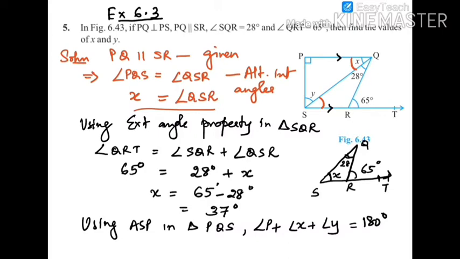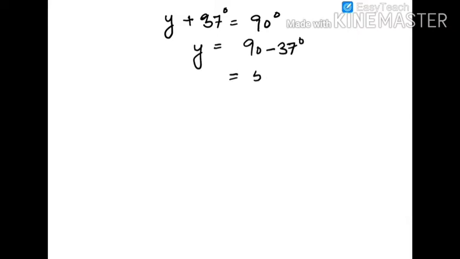Substituting the values of P as 90, angle X as 37, solving this equation, we get y plus 37 equal to 90 degrees, or y is equal to 90 minus 37 degrees, which is equal to 53 degrees.